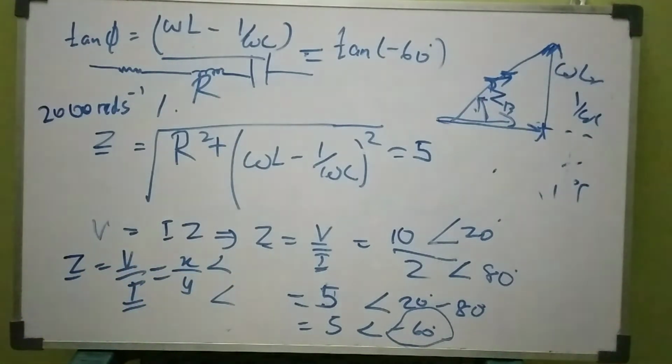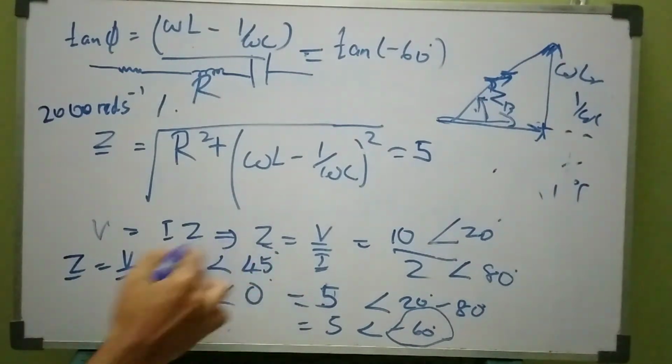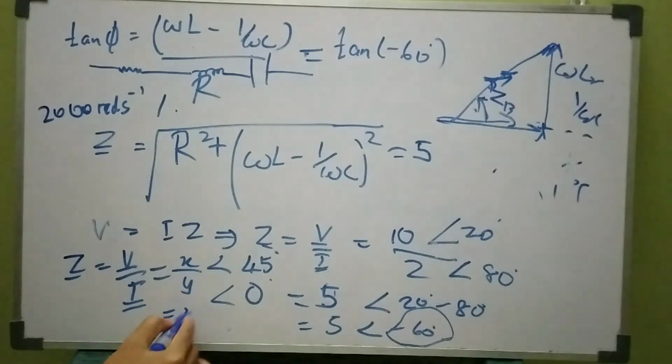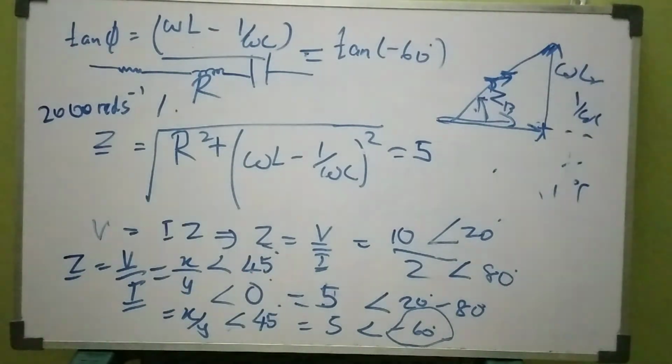If we consider the reference line as voltage, but I'm thinking the current lags the voltage, which means the voltage is leading. So if I take the reference line as I, the current, it's going to be 0 and this is going to be 45. So if I divide this, I'm going to get the magnitude of the impedance as x over y, and the phase angle would be 45 minus 0, which is again 45.